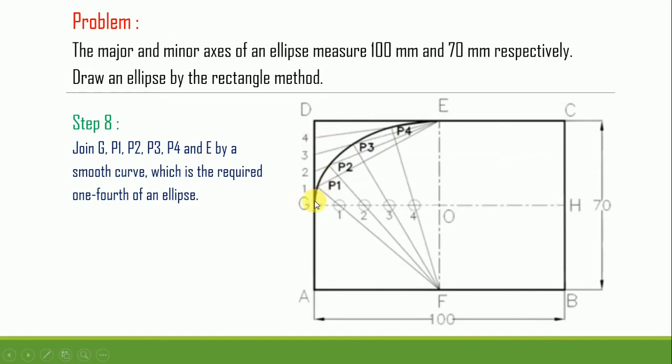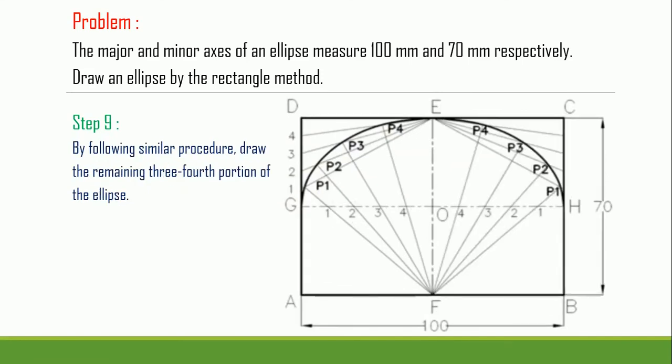So here you can see this is the 1/4 part of your rectangle, in which we form an ellipse. So the same procedure, from step number 3 to step number 8, you have to follow over here to complete the remaining 3/4 part of our ellipse.